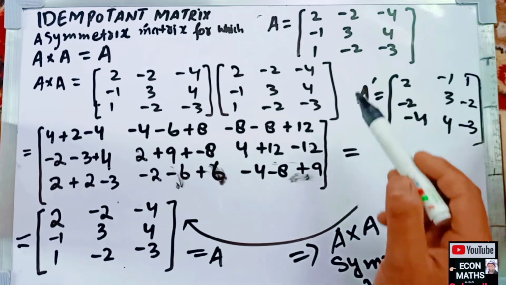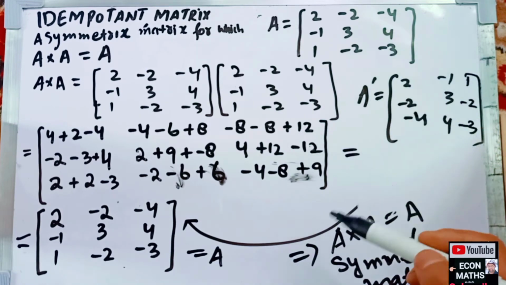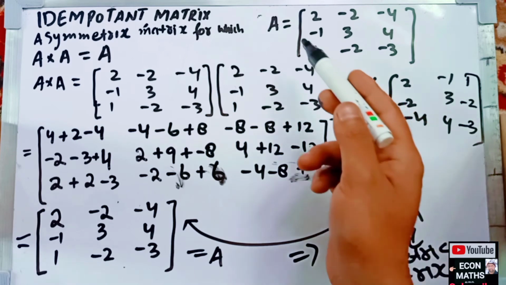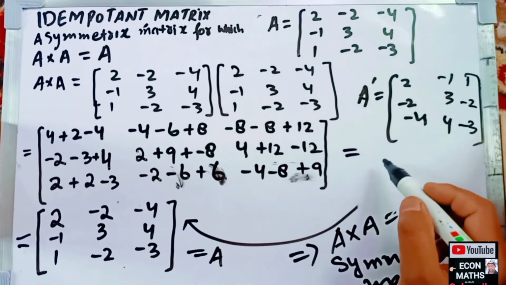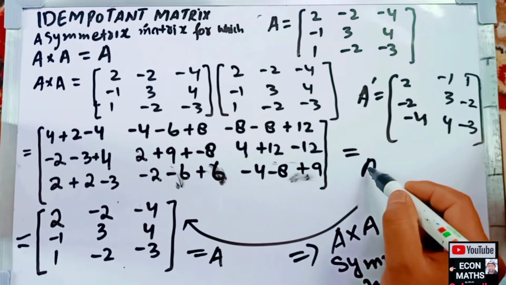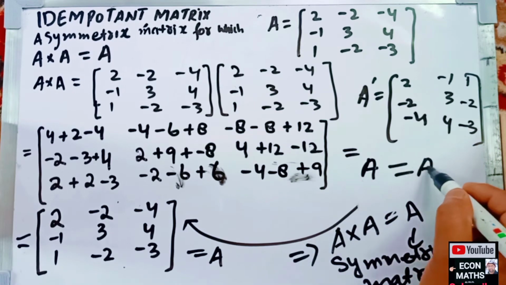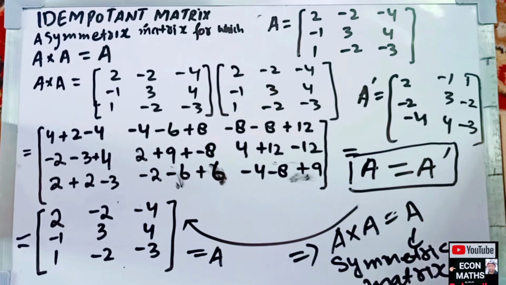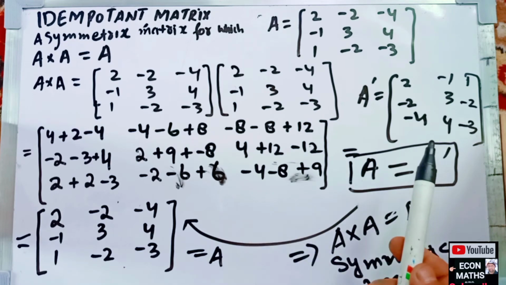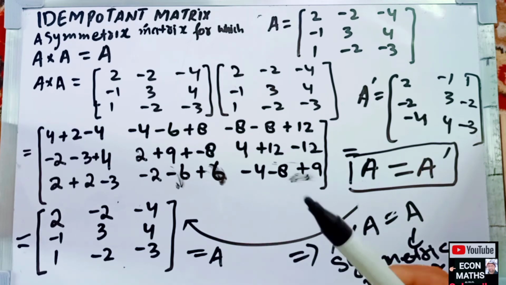Here we can see these two matrices are the same. After we transpose the original matrix, we get the original matrix. A symmetric matrix is a matrix where A is equal to A transpose. That is, there is no change in the matrix if we interchange the rows with the columns. Then that matrix is called a symmetric matrix.